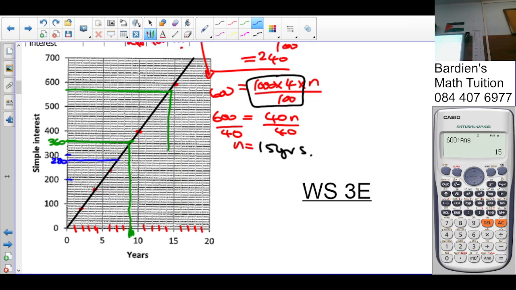I turn my ruler and I come down on this bar here. And how many years is that? It's 5, 6, 7. I get 7 years. Now I said 8.